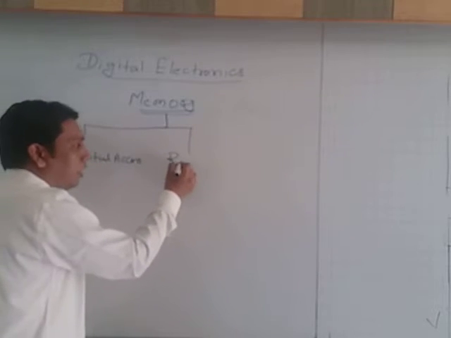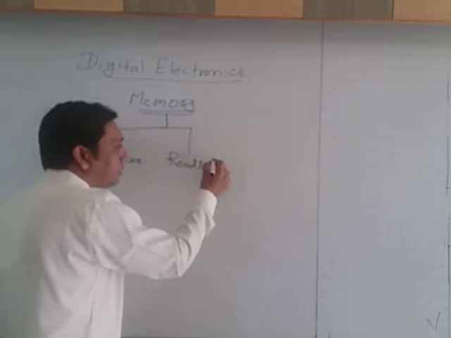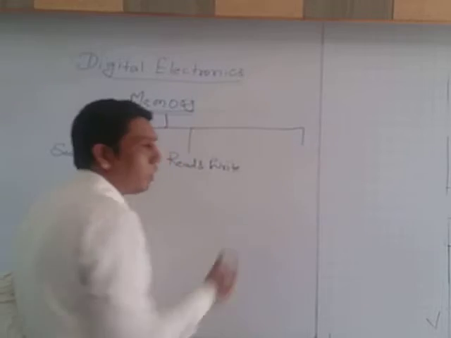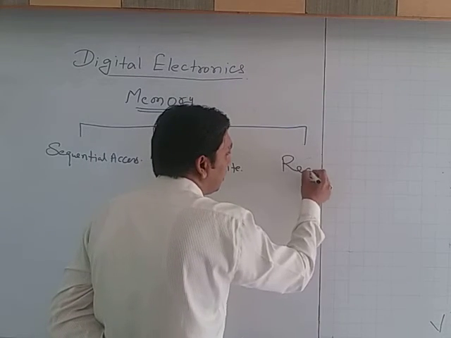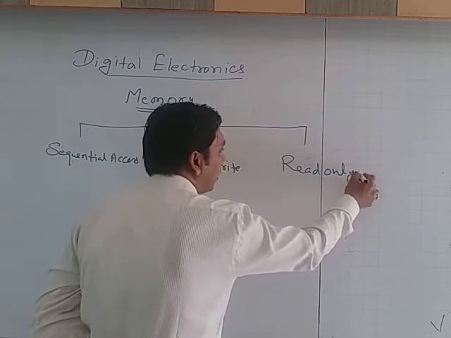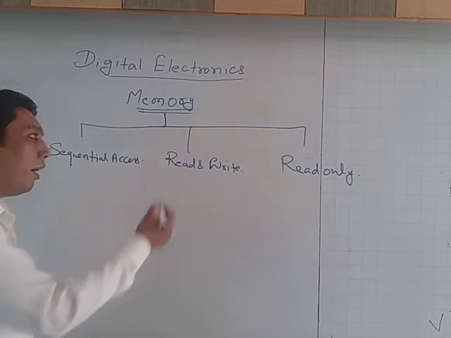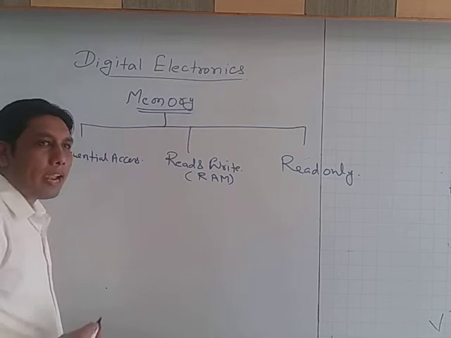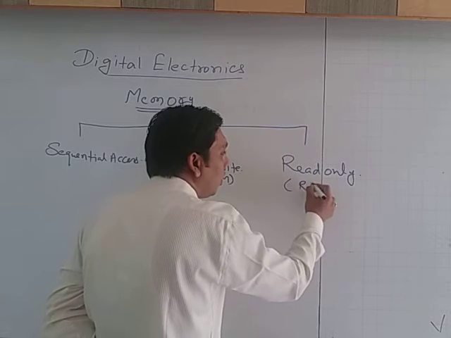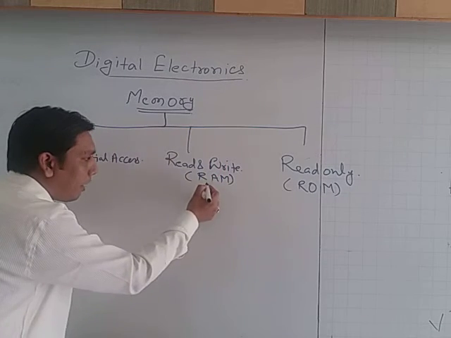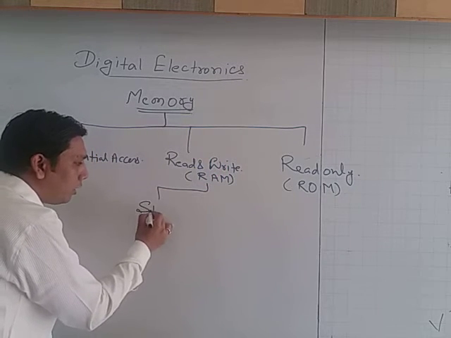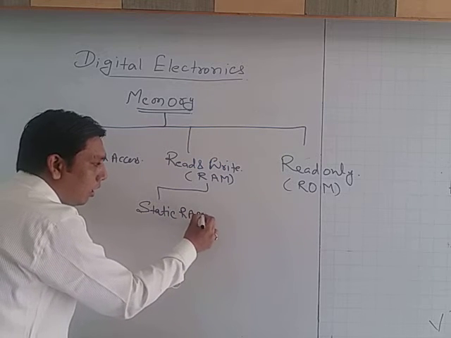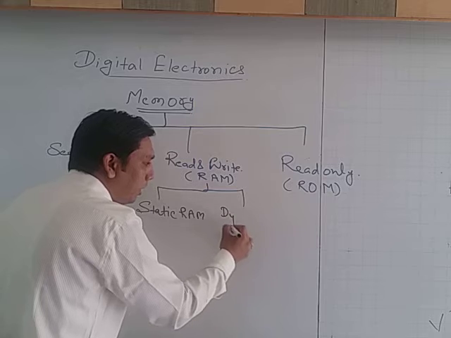The second one is read and write, and the third one is read only. Read and write is also called RAM, and read only is called ROM. RAM is further divided into two types. The first one is static RAM and the second one is dynamic RAM.